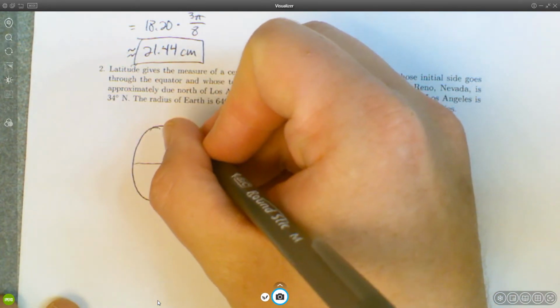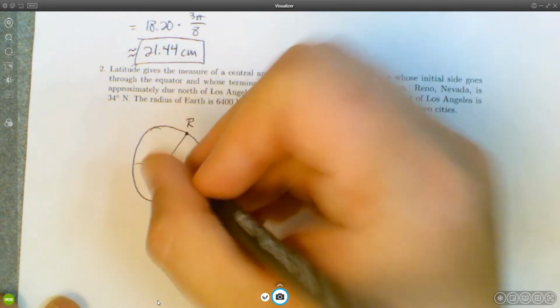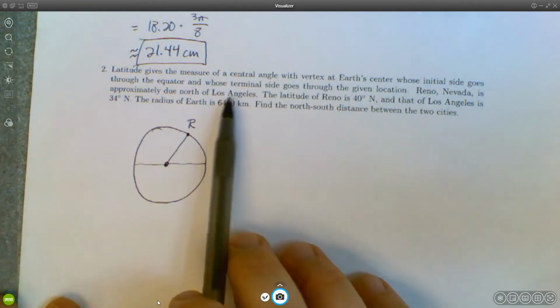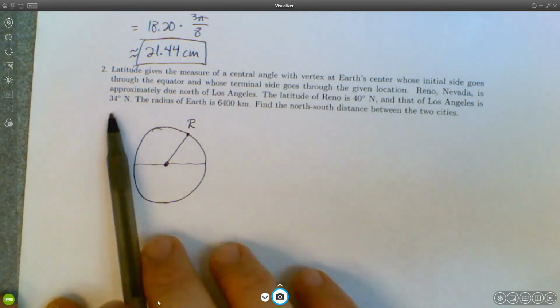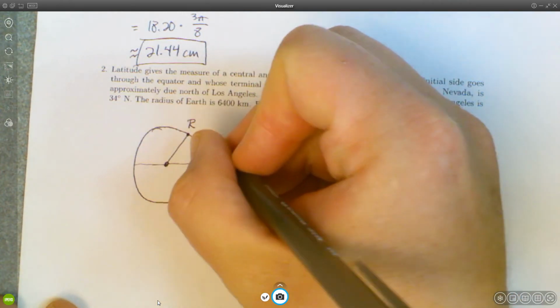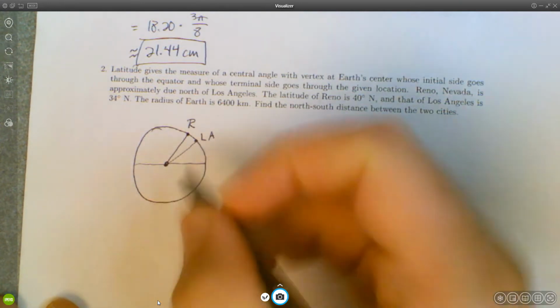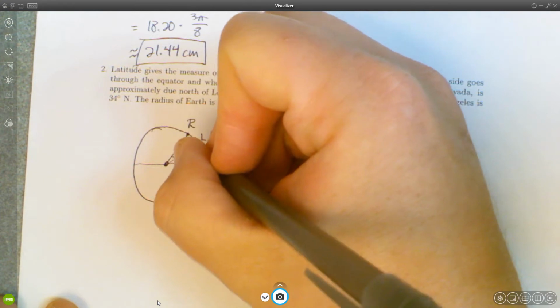So maybe this is Reno, okay? And that's a 40-degree angle right there. And then Los Angeles is 34 degrees north, so maybe this is LA, okay, and that's a 34-degree angle. So this is 40 degrees, and this is 34 degrees.